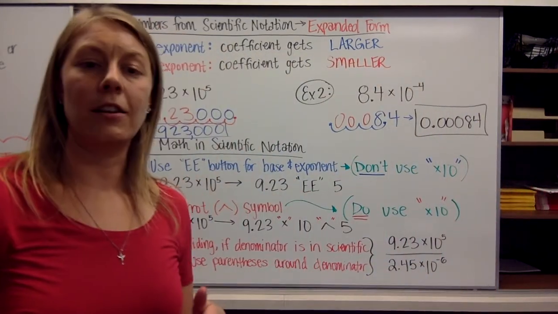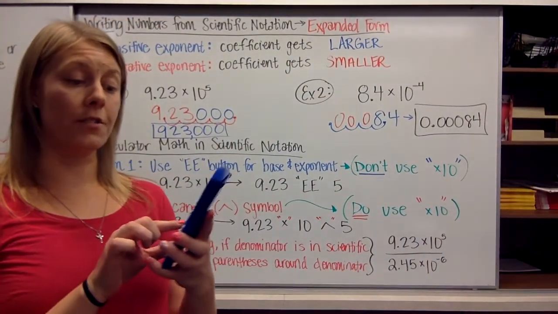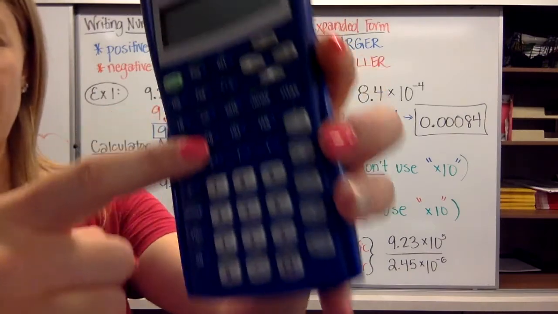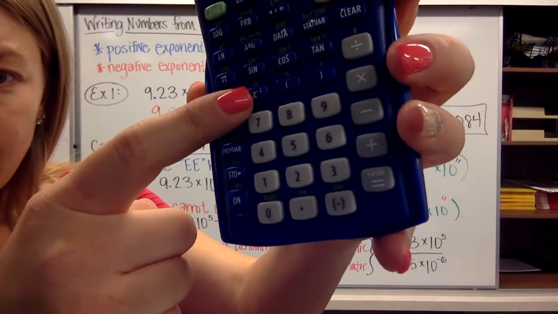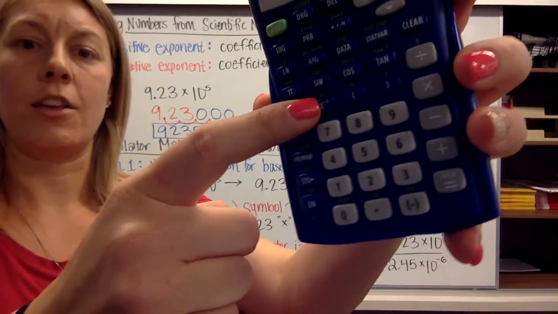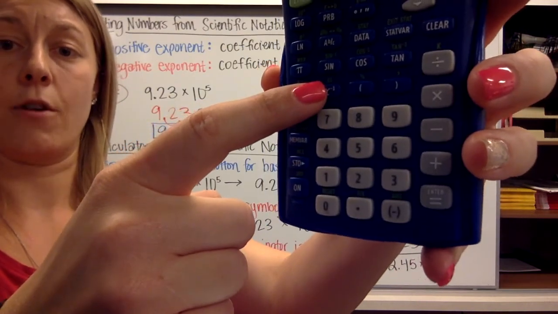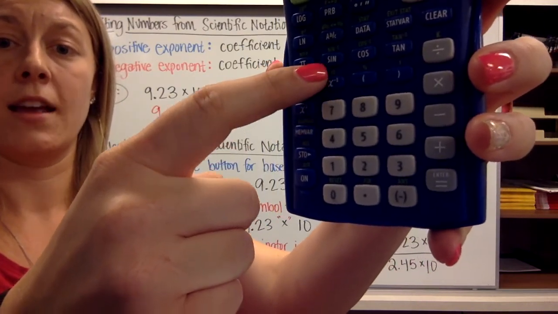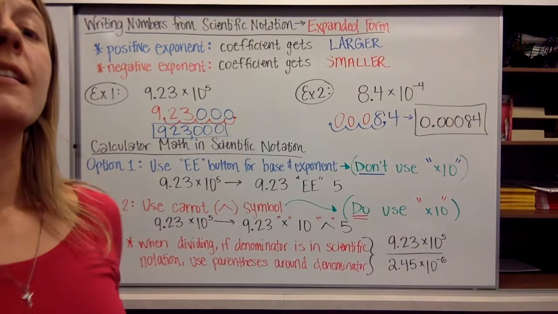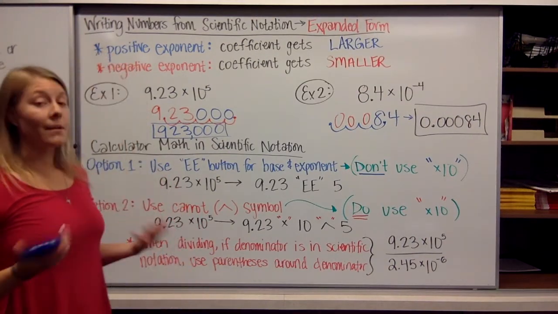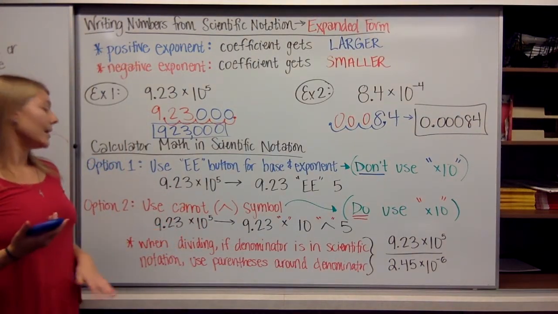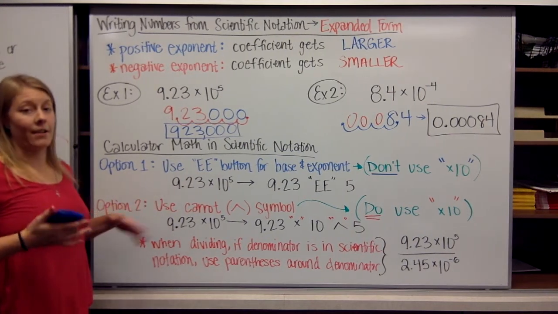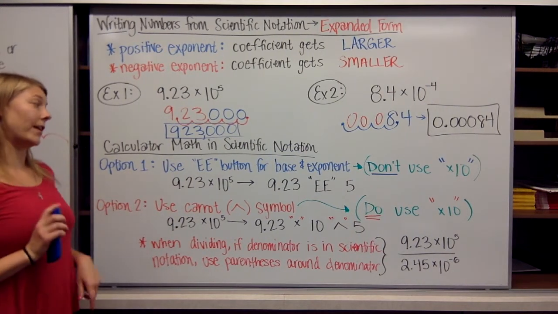Now, what that EE button looks like, you get out your calculator. I'm pointing to it here. See if you can see it. Now mine is, you have to go to the second power, okay? It's not the x to the negative 1. I don't know if you can see it above there. It's the second and then EE. Some of your calculators will have the EE button be not to the second power, that you can click the button on the calculator.